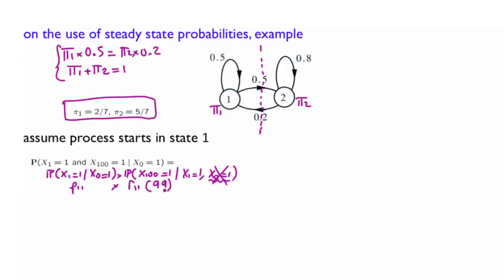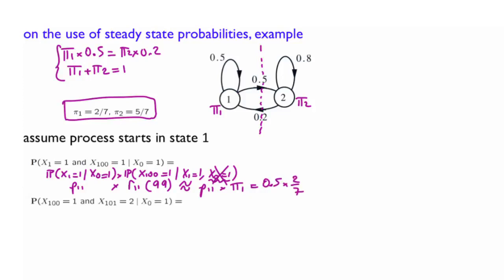Now 99 is possibly a big number, and so we approximate this quantity, and we are going to use the steady-state probability of state 1 for doing that. And that gives us an approximation, p11 times pi 1, which then is 0.5 times 2 over 7.